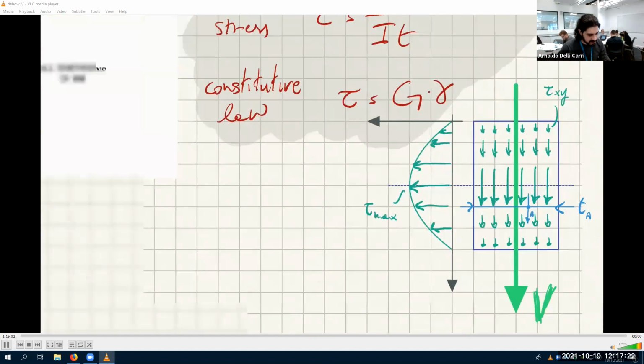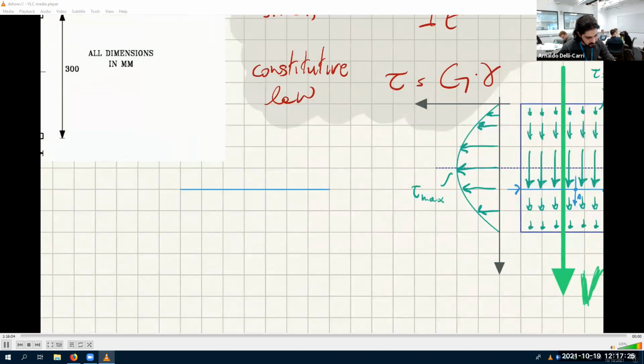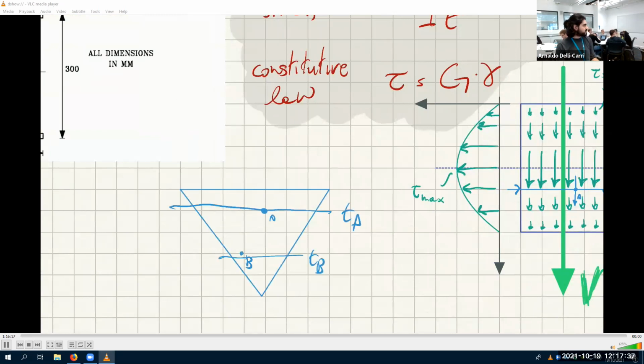If you have a section like this, tA and tB are not the same. This is tA, this is tB. They are not the same thickness. So you have to take into account what is the thickness at the point of interest when you calculate the stress at a point.